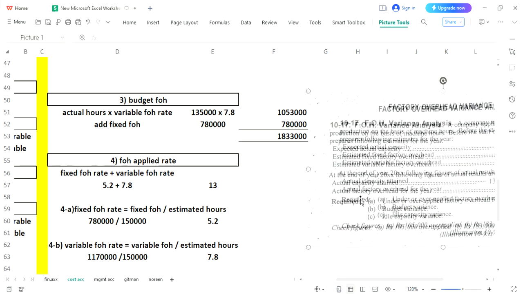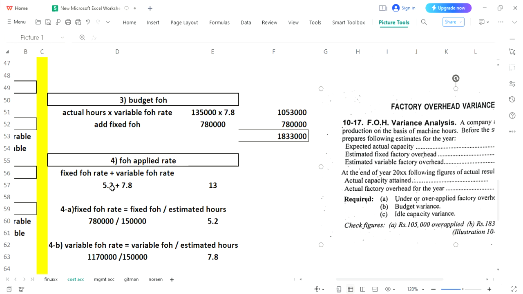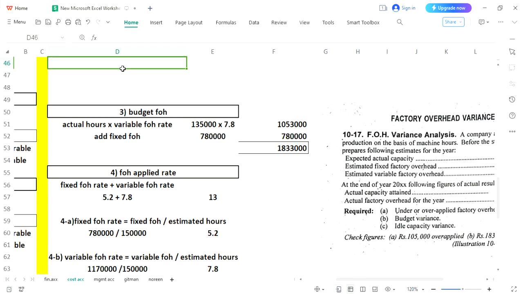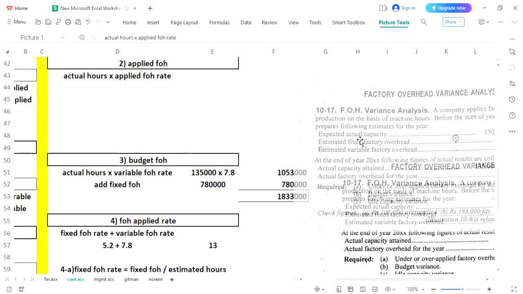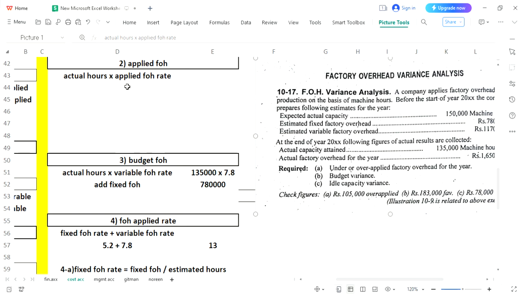The next step is your second step. We initially solved the fourth step and then the third step, and now we are proceeding to our second step, and that is what? Applied FOH. Calculation of applied FOH. For that purpose you need to have actual hours, and you are already familiar with this actual capacity attained.